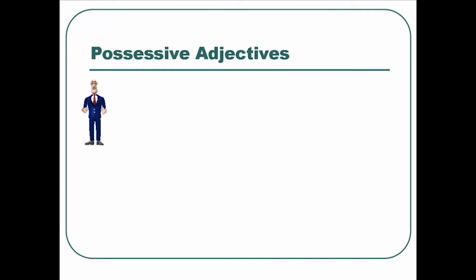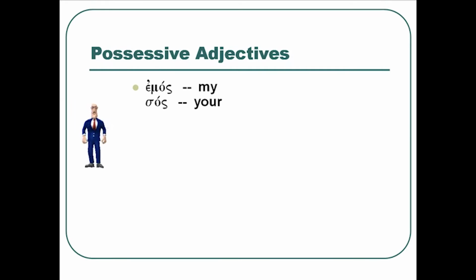Before we jump into the indefinite pronouns, I'd like to shoot in the possessive adjectives. And they are emos, which is translated my, and sos, which is translated your. In the plural, the forms are hemeteros, our, or humeteros, your.